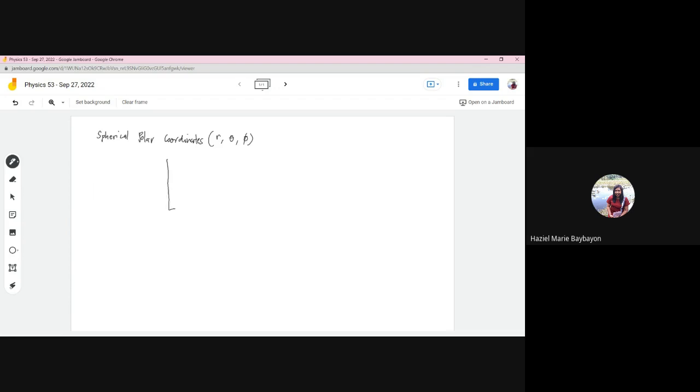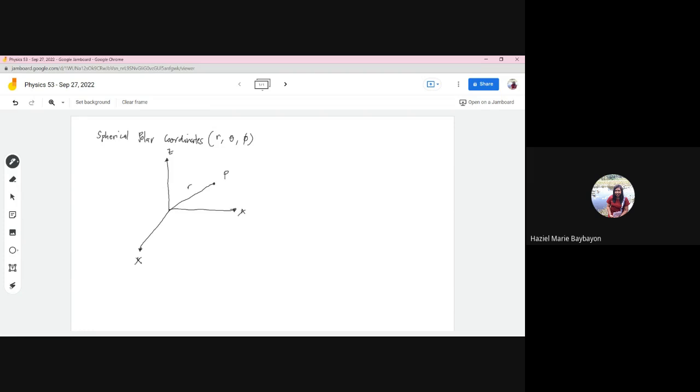If this is your point P, which can be described by x, y, z in the Cartesian coordinate system, your r is the distance from the origin towards your point P. So this is your r. And then theta is the angle from the positive z-axis towards r.